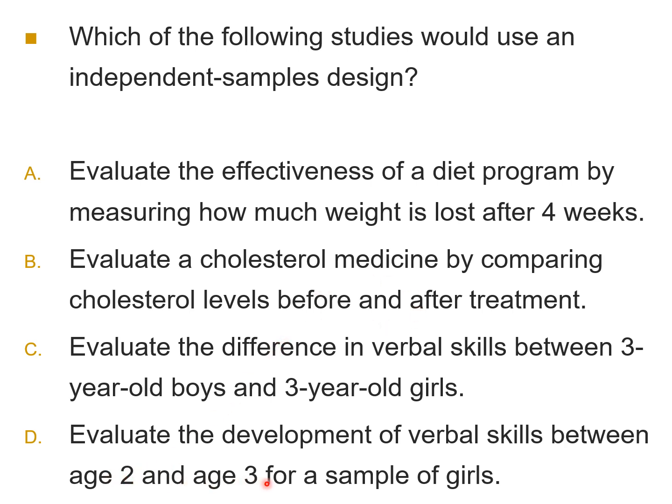Age 2 versus age 3. This could be phrased a little bit more clearly. But basically, the way this is phrased, this seems like change, the development of. So how has it changed from age 2 to age 3?